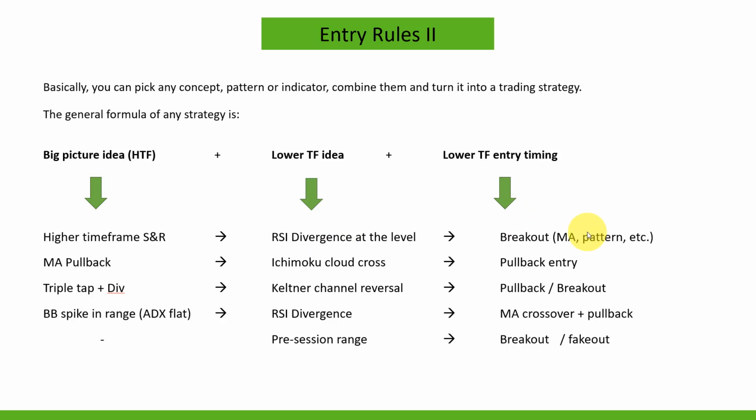And then you could trade a breakout, a moving average pattern, maybe a pullback. You could add a pivot point, whatever. But this is just a general idea. If you're struggling with creating strategy ideas, this is just a structure and a framework that you can use to guide your decision making.